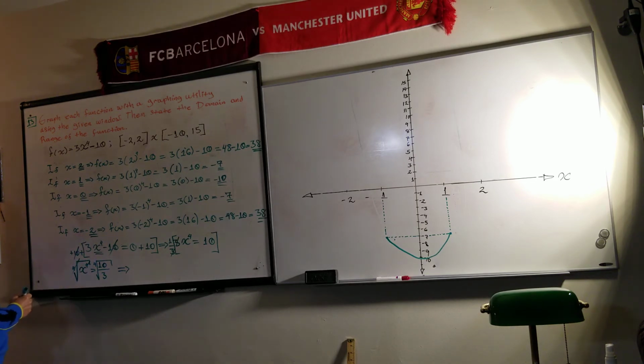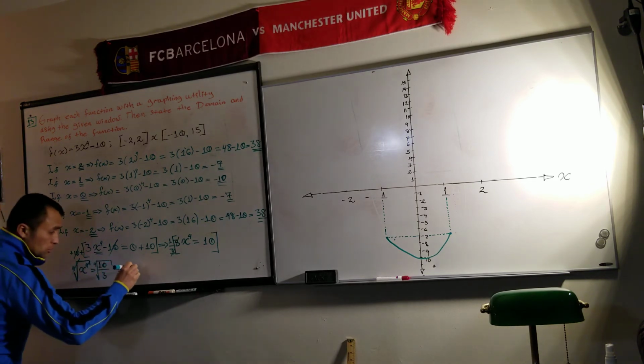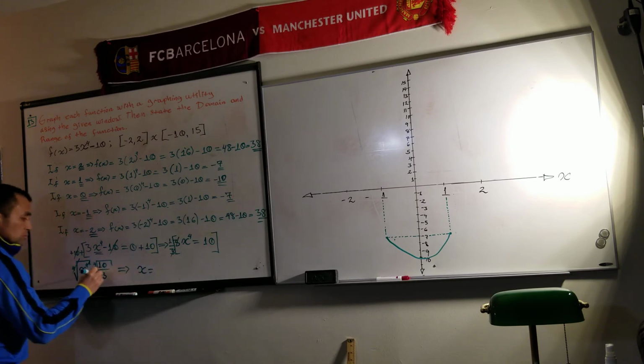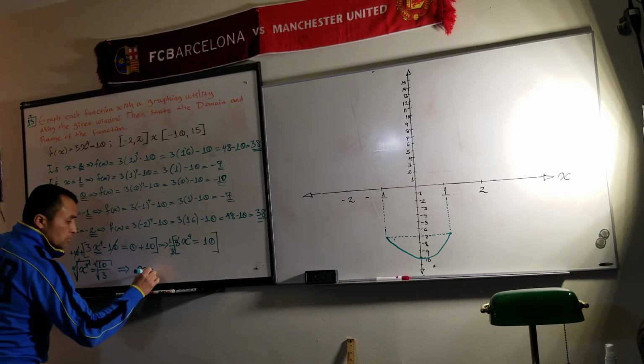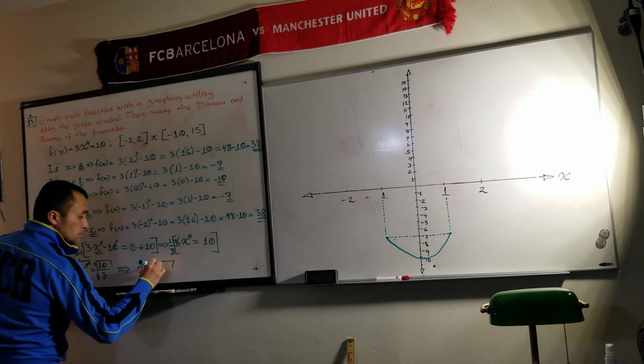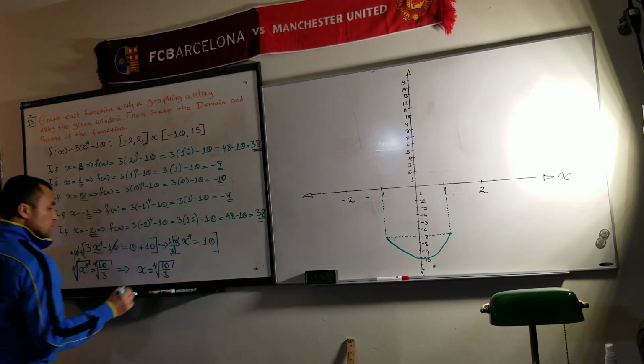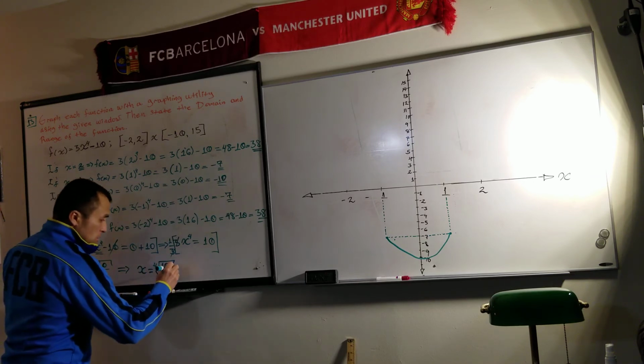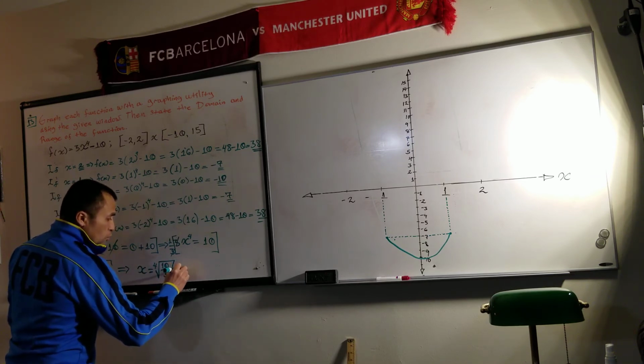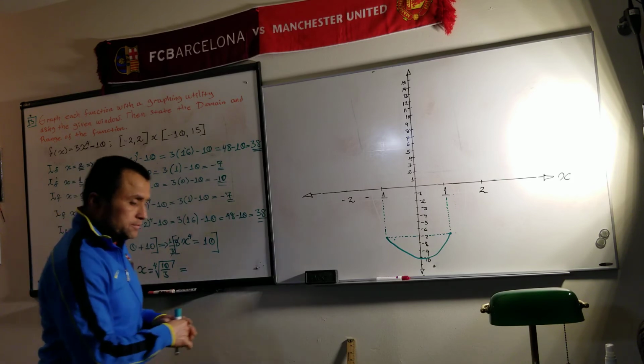We cancel and we only have x equal to the fourth root of 10 over 3. And let's see in the calculator what that numerical number is.